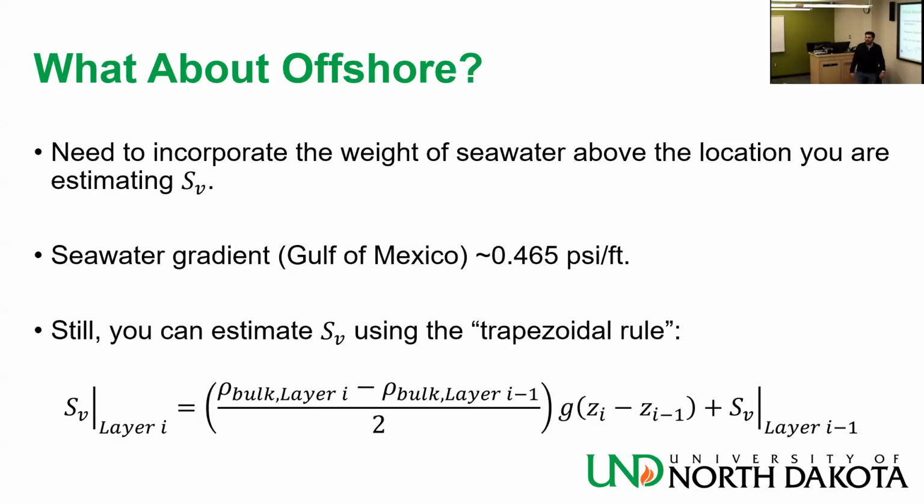I can measure how much the seawater weighs and add it on layer 1, but don't go ahead and add it to layer 2 as well, and layer 3, and layer 4. Then you are double counting, triple counting, quadruple counting the weight of the seawater. You are going to get a huge value of SV. It's a very common mistake that I saw when I was teaching geomechanics. I was like, please don't do that.